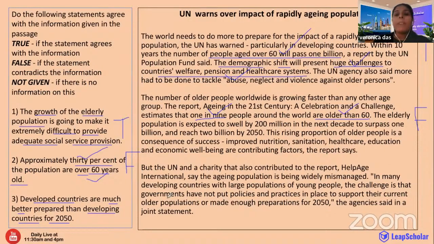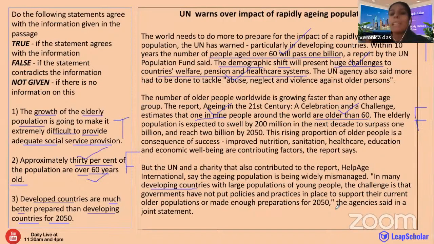In many developing countries, but we want developed countries, but we have developing countries. Let us read. In many developing countries with the large population of young people, what is the challenge? The challenge is that government have not put policies and practices in place to support their current older population or made enough preparation for 2050.